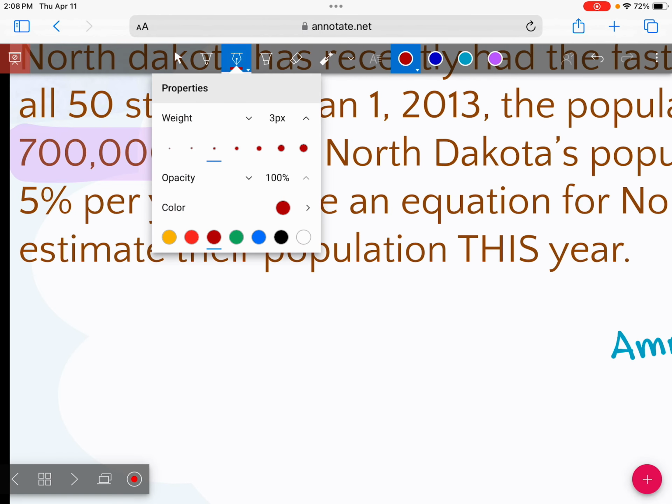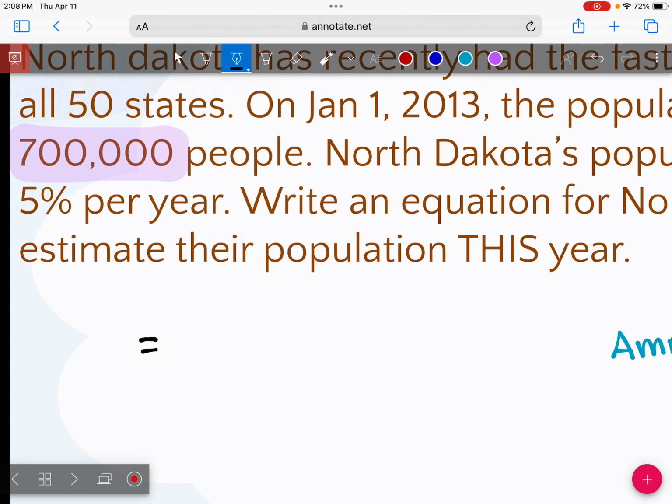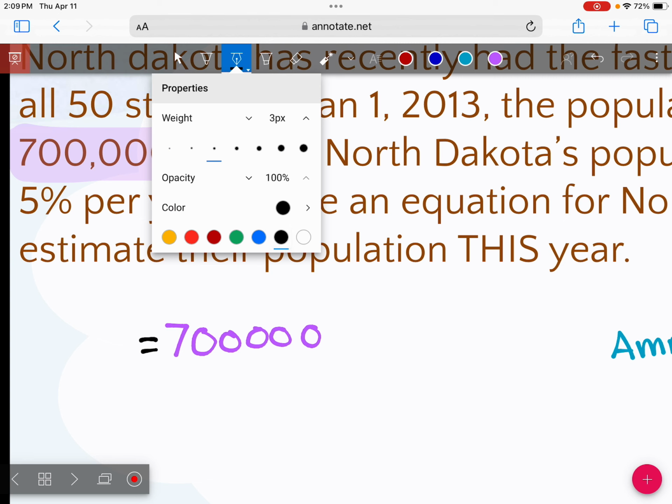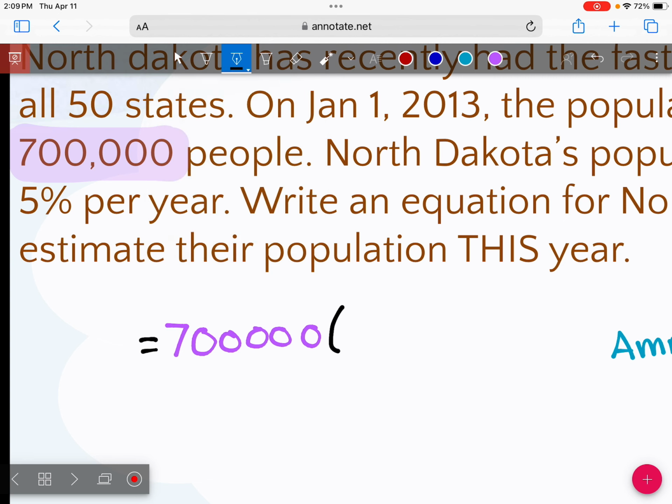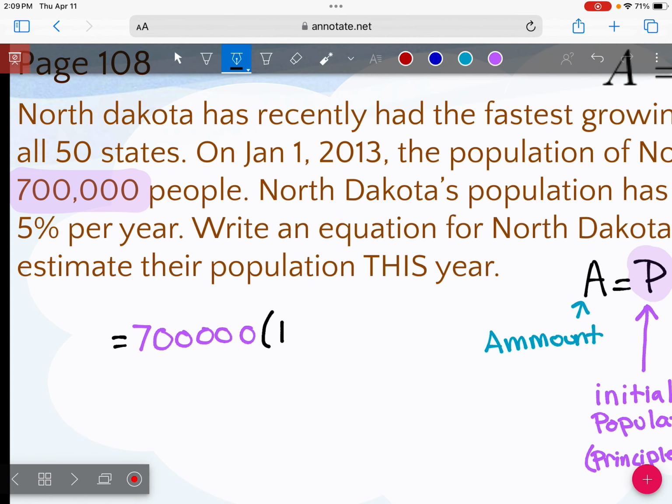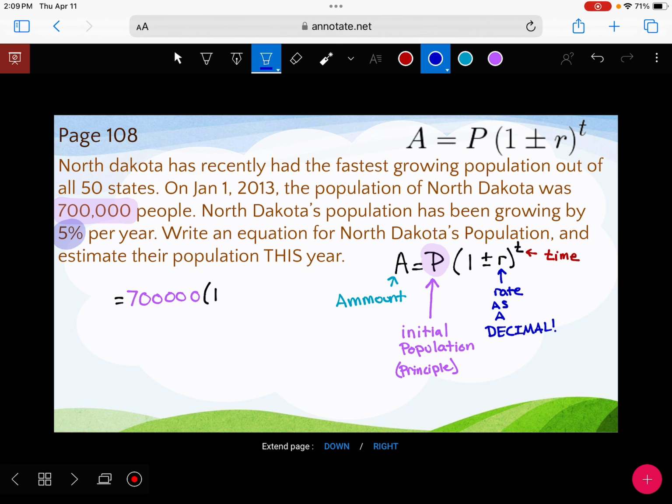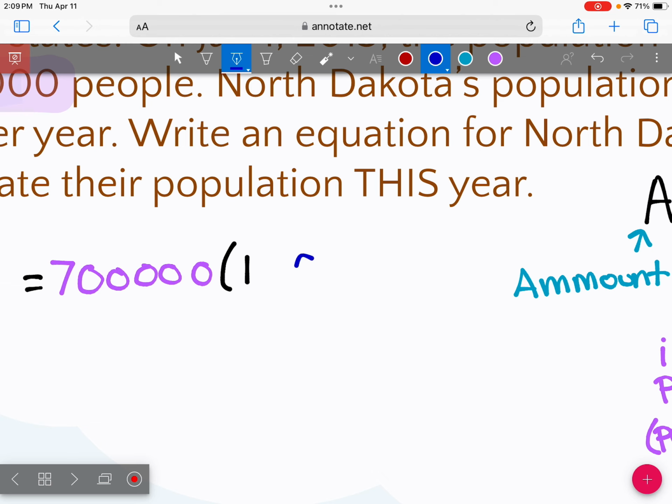So when we are writing an equation, we can put that 700,000 out in front. What else do we know? We've got 1 plus or minus 0.05. So our rate as a decimal is 0.05, because we're writing that 5% as a decimal.